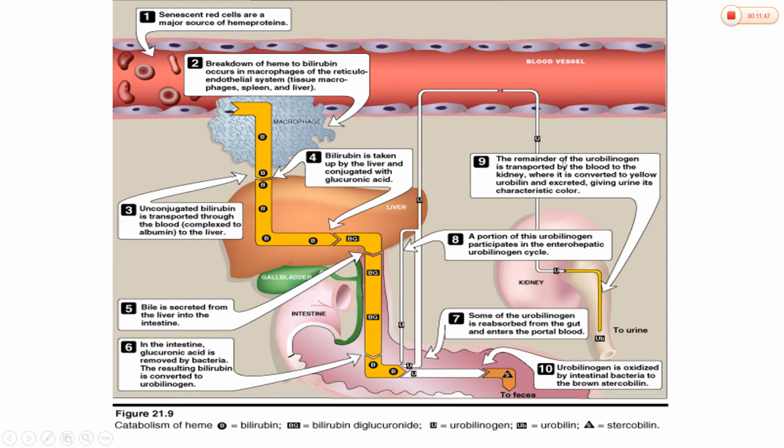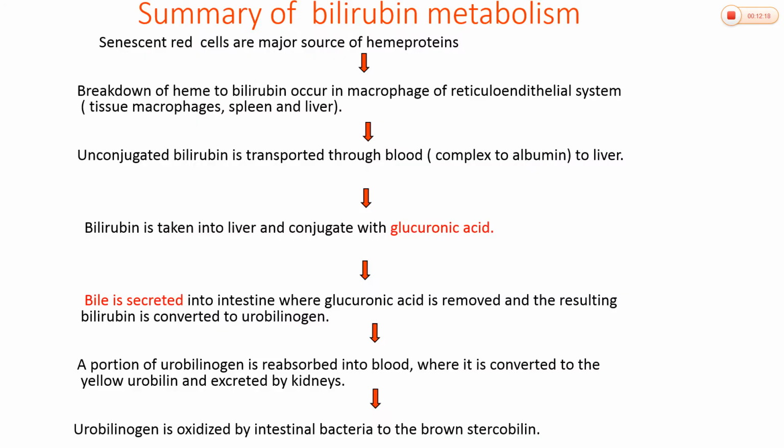The remaining urobilinogen is transported by the blood to the kidney, where it is converted to the yellow-colored urobilin, and that is why it is excreted through the urine, and our urine is yellowish in color because of this. In the end, the urobilinogen is further oxidized by the intestinal bacteria to form brown stercobilin, which is excreted in the feces.